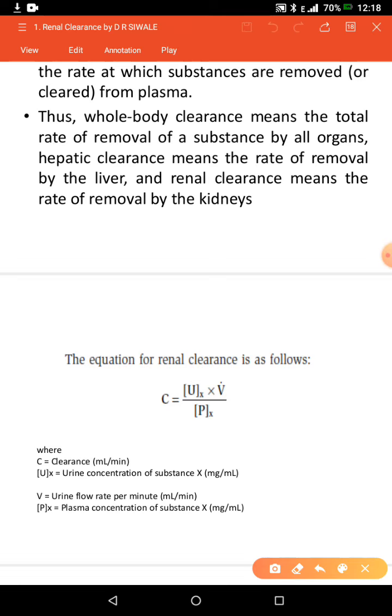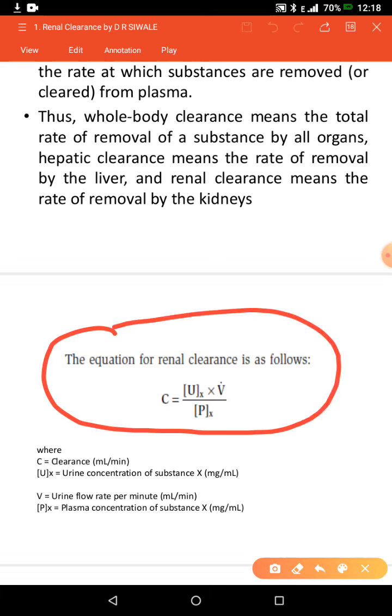This is the equation for renal clearance, where C is clearance, the units are mils per minute. U is the urine concentration of a substance X. This substance X can be inulin, creatinine, urea, sodium, or anything.